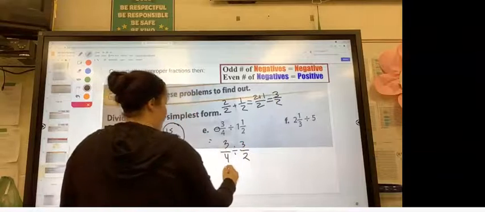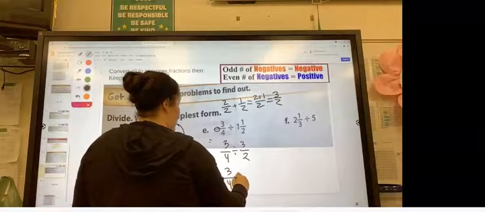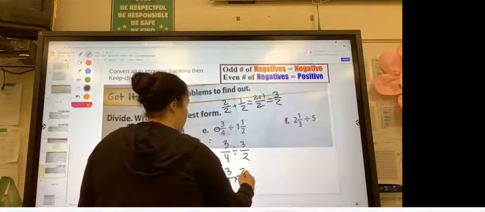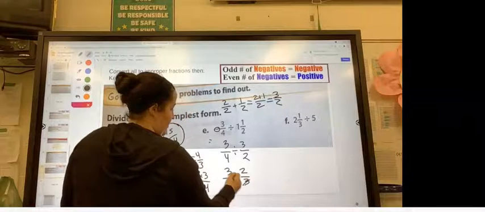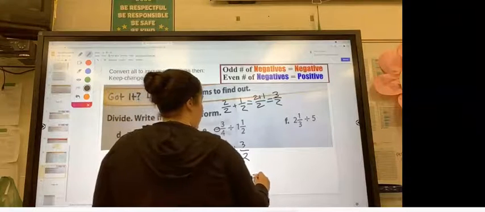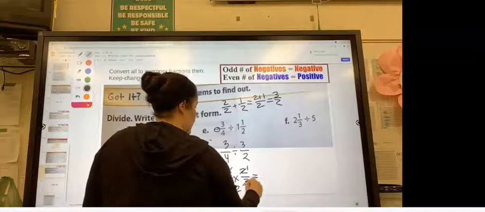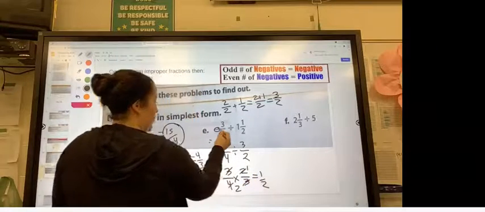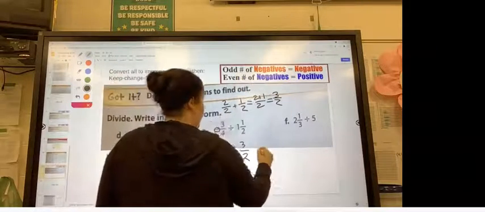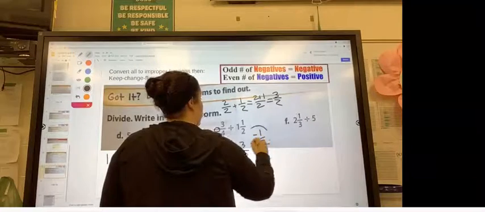Keep, change, flip. Keep the first, change the sign, flip the last. And we could cross out. It'd be 2/4, which should be crossed out again, that's 1/2. And there's one negative, which is an odd number, so our answer would be negative 1/2.